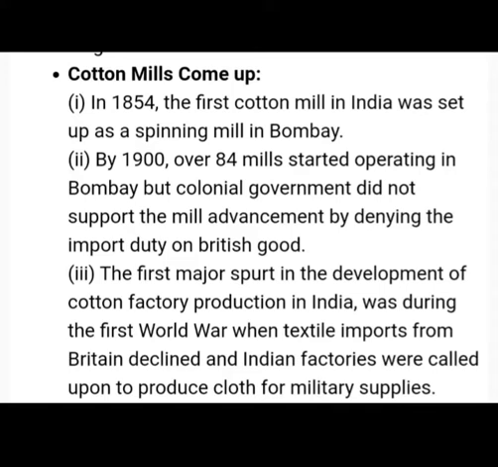By 1900, over 84 mills. Over how many mills? 84 mills started operating in Bombay. So it is clear: when was the first mill set up in Bombay? In 1854. Until 1900, how many mills?